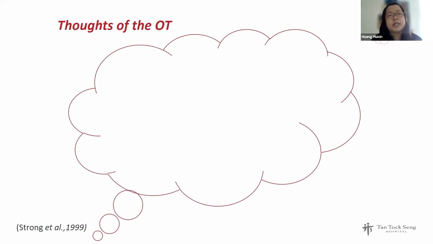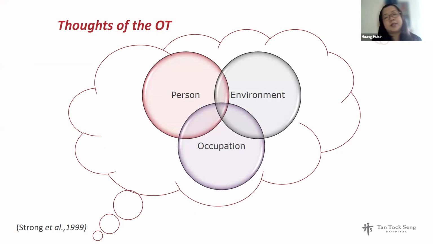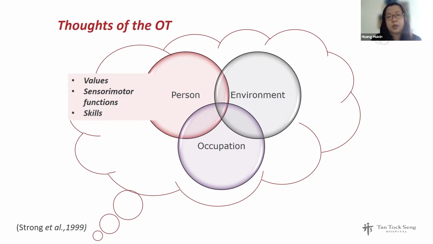Some of the thought processes that always go through our mind as an OT are in terms of three aspects. We look at a person as an individual, how this person interacts with their environment, and their occupation, being a student, a mother, a father, or a patient, or their work as well. We look at a person's values, skills, and sensory motor function.